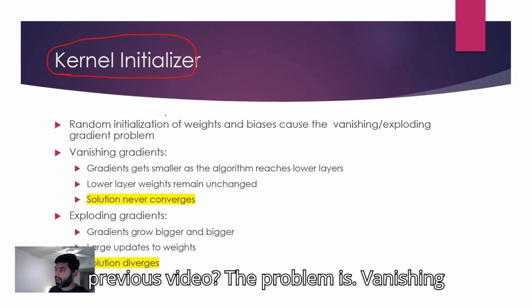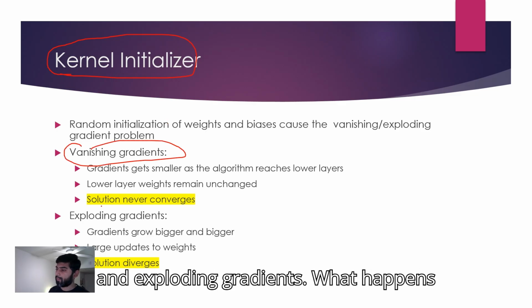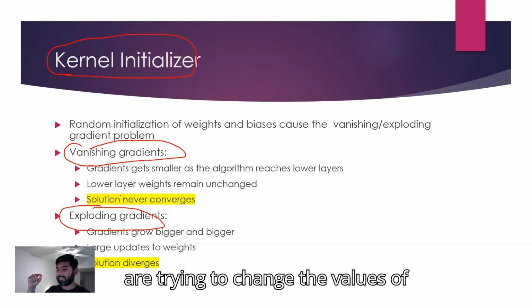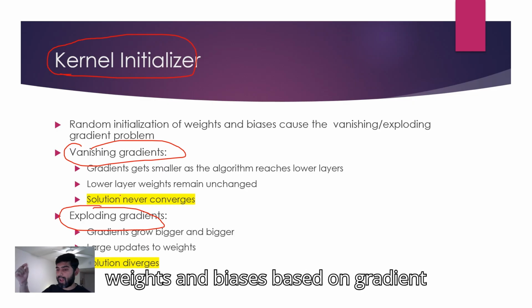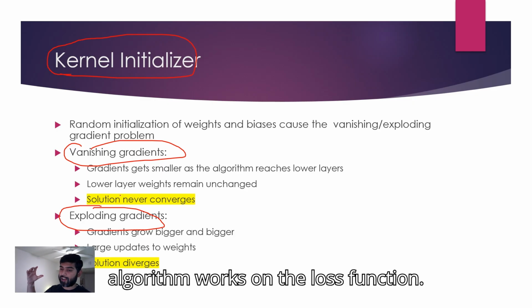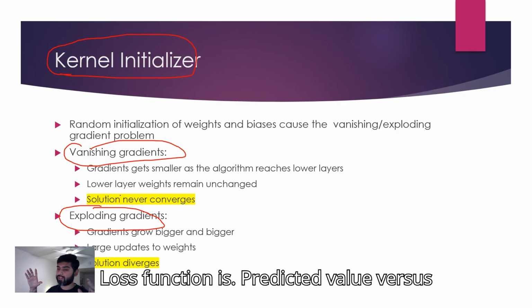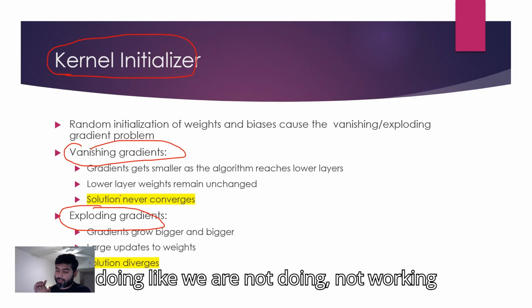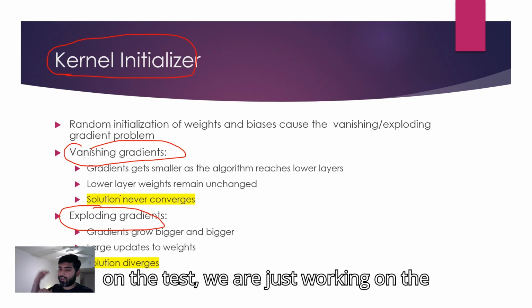The problem is vanishing and exploding gradients. What happens during backpropagation: we are trying to change the values of weights and biases based on the gradient descent algorithm. The gradient descent algorithm works on the loss function. Loss function is the predicted value versus the actual value. We're not working on the test data; we are just working on the known data to learn.